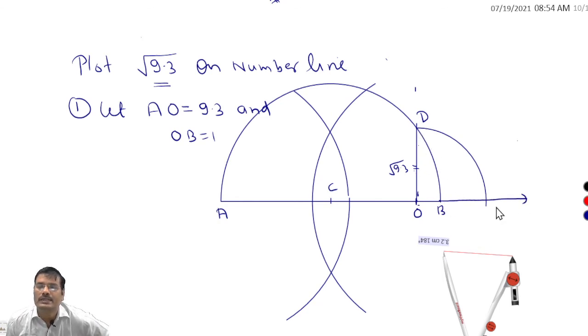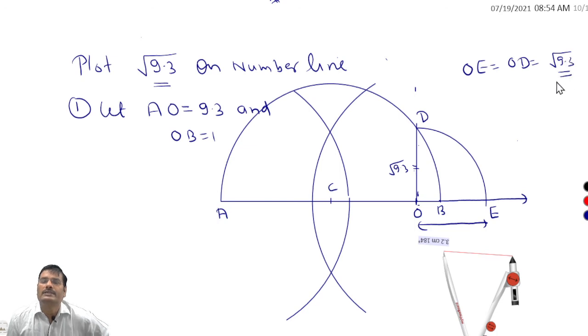Suppose that it is E. So this OE is equal to OD is equal to under root 9.3. So this is the way in which we can draw any decimal number, irrational number of a decimal portion on the number line.